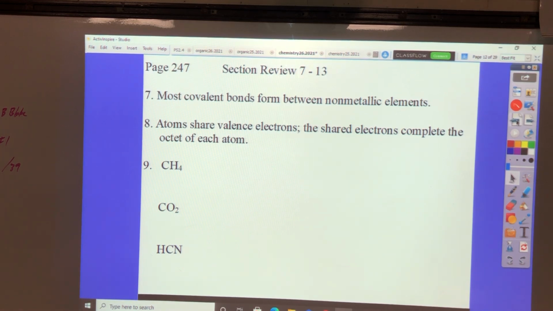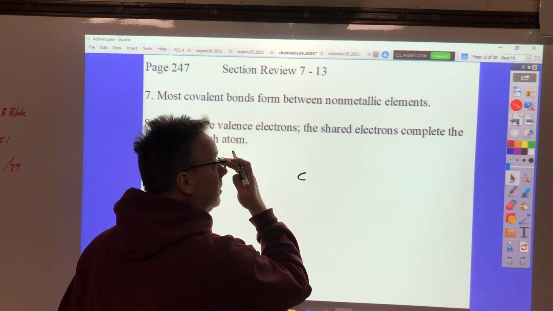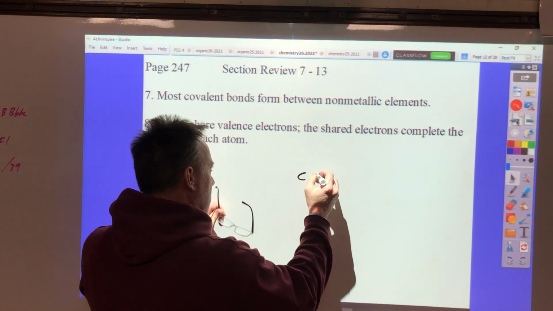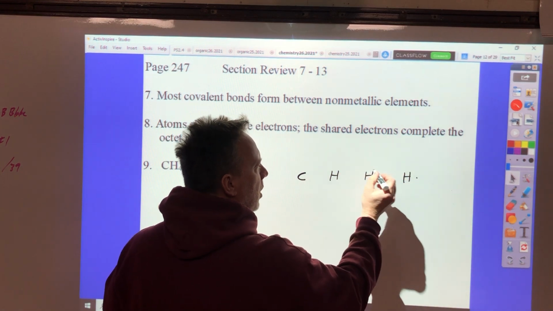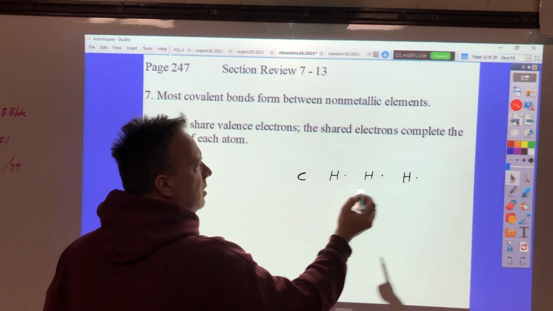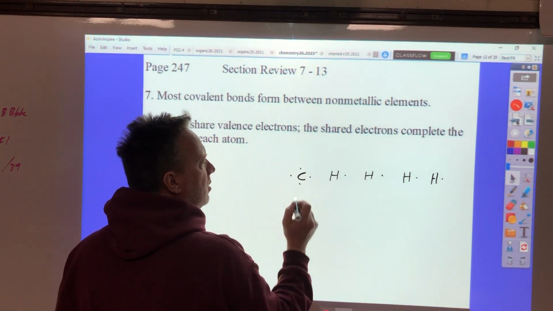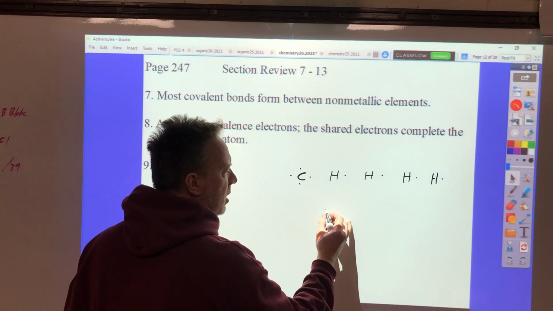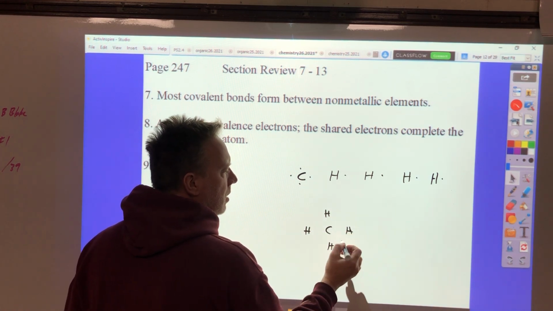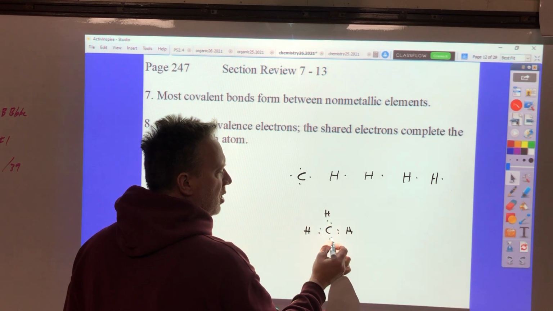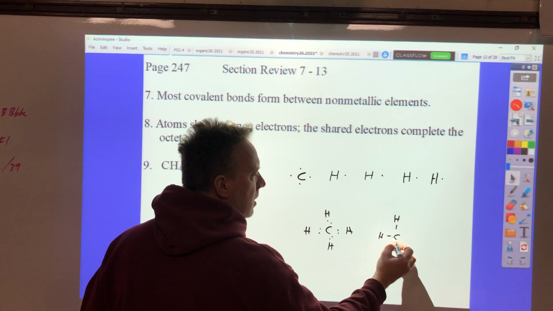Yeah, methane, I've got carbon, hydrogen, hydrogen, hydrogen, hydrogen, 1 electron each for hydrogen, 4 of them. 4 electrons with carbon, so you just put carbon in the middle, hydrogen around it, shared pairs, and once you put the shared pairs in, it's just a matter of putting sticks in. It's done.